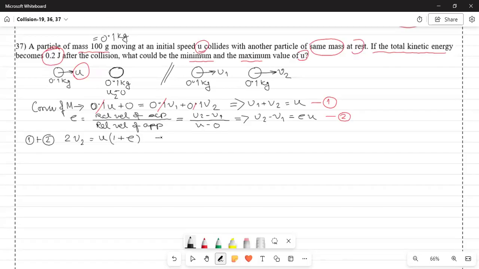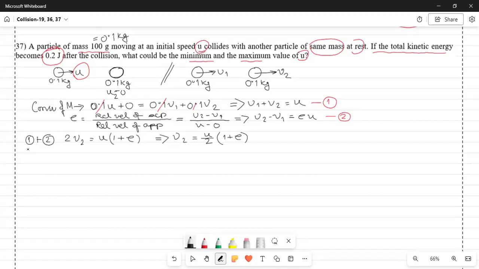From there we get v2 is equal to u by 2 into 1 plus e.